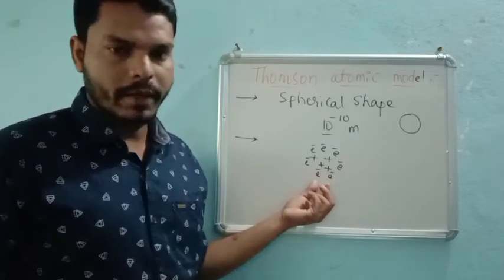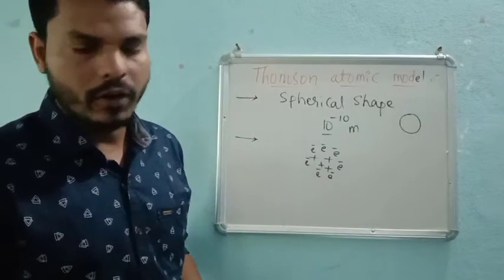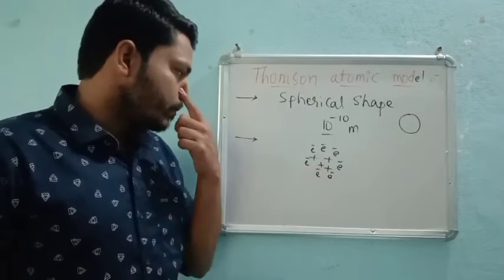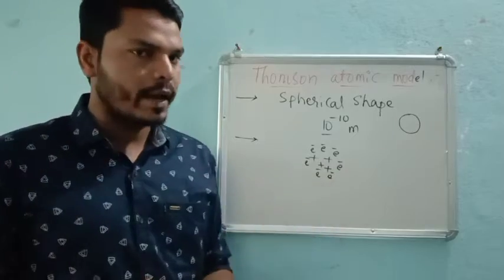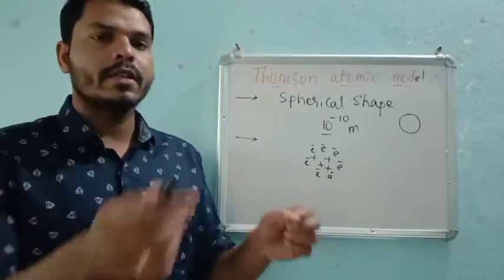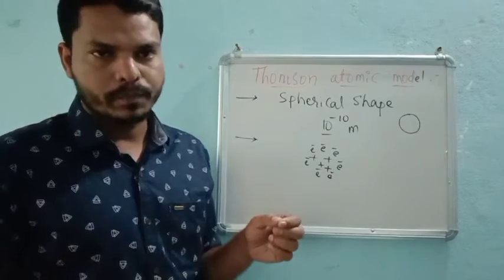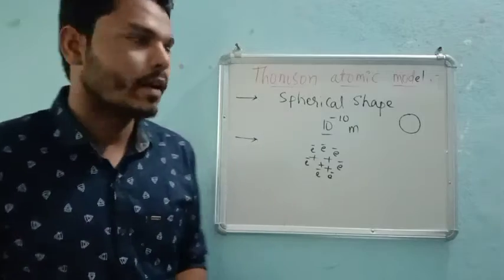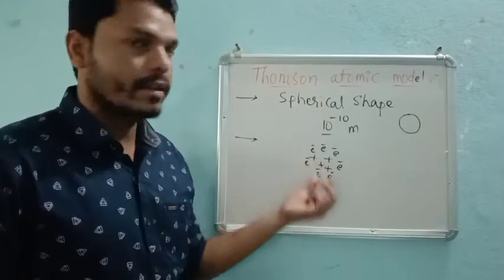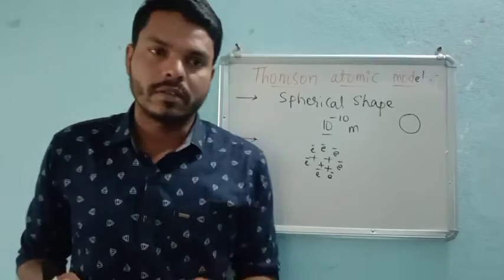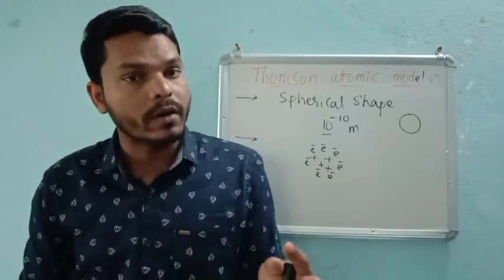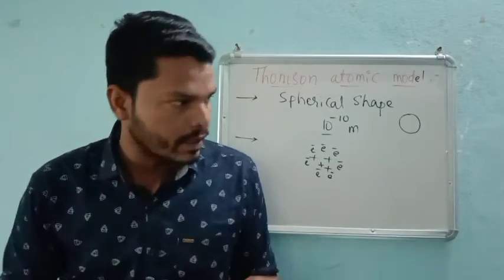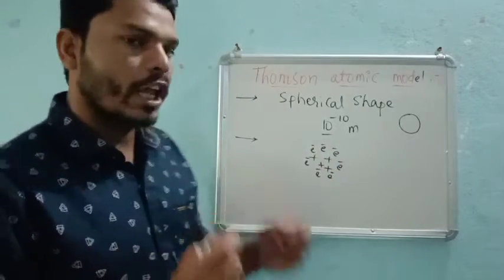So the second point of the Thomson atomic model is that in an atom, positive charge is always surrounded by negative charge. And according to his assumption, the positive charge species in an atom are more than the negative charge, right? He assumed that, and they have an electrostatically stable arrangement.